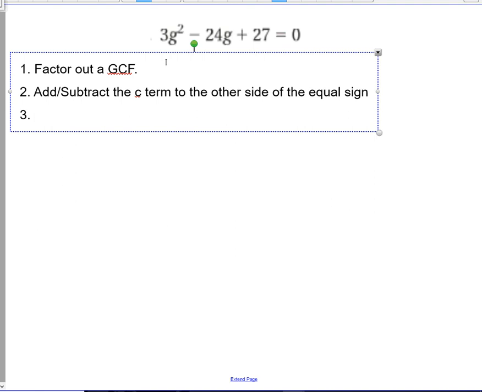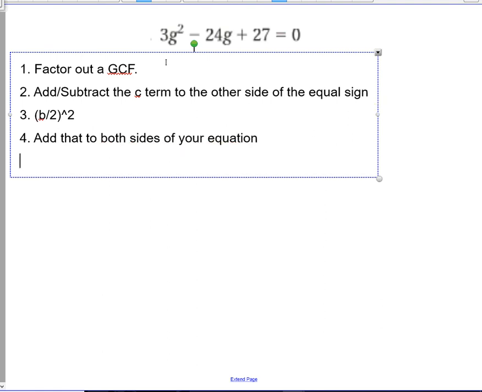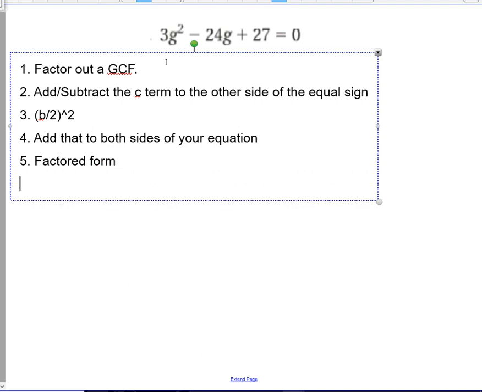Then you are going to figure out your b over 2 squared term, and add that to both sides of your equation. And then you're going to put one side in factored form. And then I'm going to simply solve my two equations.